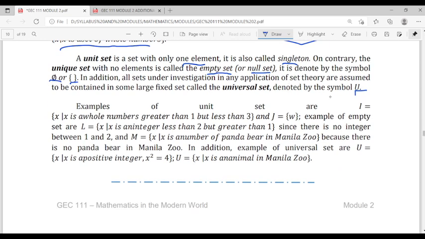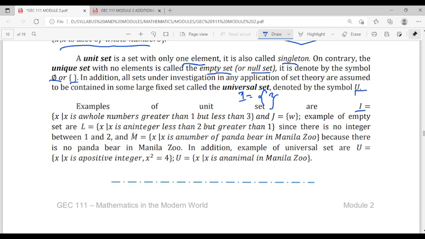For example, we have the set I, x such that x is an integer greater than 1 but less than 3. What is that? Integers less than 2 but greater than 1 give an empty set, because with integers we're talking about whole numbers.